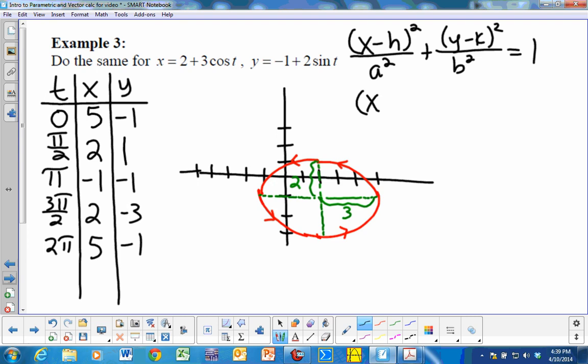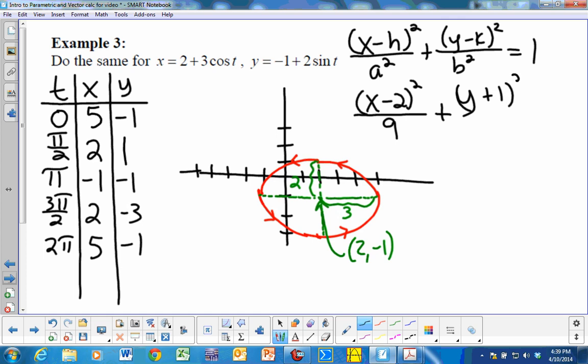So it appears that our equation is x minus 2, whole thing squared, over a squared, a is the 3 there, so that would be 9, plus y minus negative 1, because my center appears to be at 2, negative 1. So it would be y plus 1 squared, all over b squared, which would be 4, and that would equal 1.